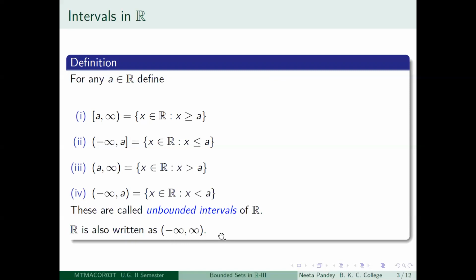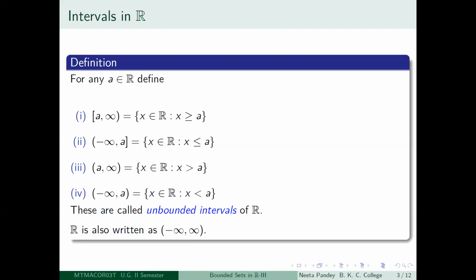But since we have that notion in mind, we are using the notation here that the real line, or the set of real numbers, is written as open bracket minus infinity comma infinity closed bracket. So I think I am able to explain it to you that here we have that logical interpretation in mind, and therefore we are using this notation to express R. Okay.